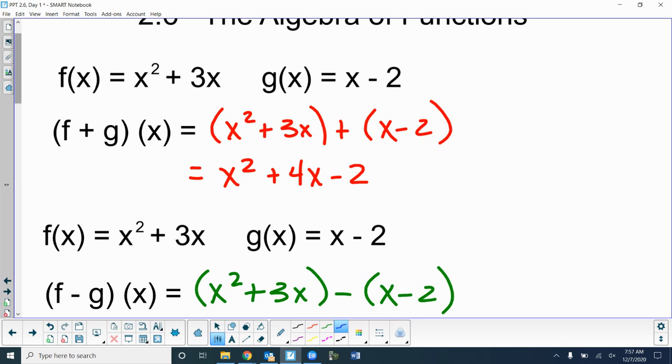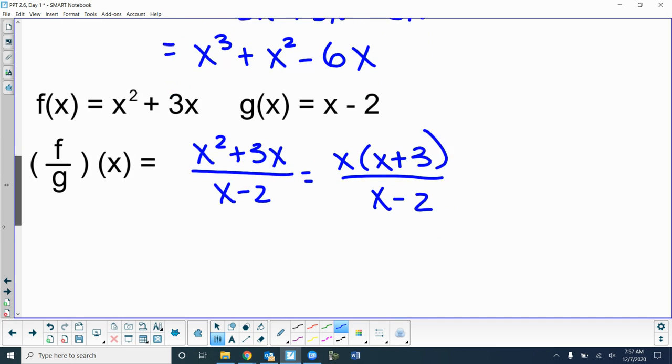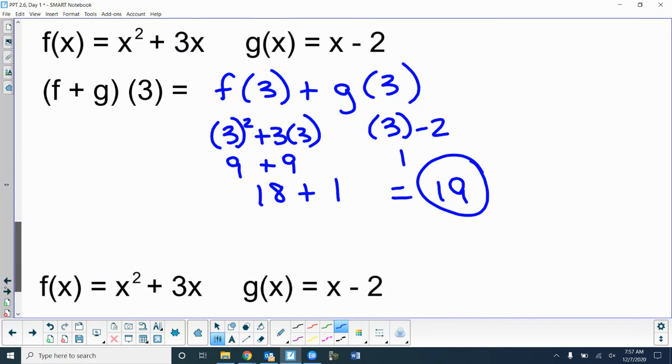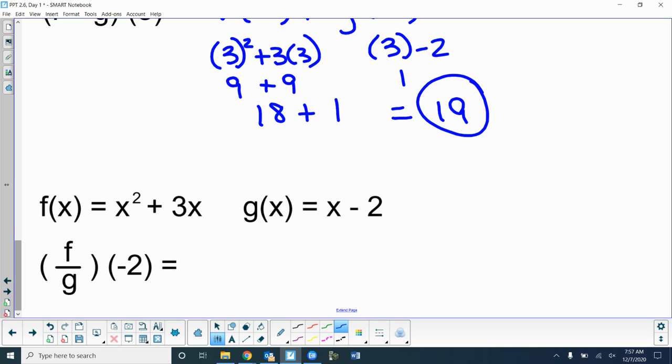So your choice there, okay? If you want to go ahead and add them or whatever it says to do first, get that answer, and then plug the number in, you can, or you can do it like I did. Plug the number in first and then do the addition. Either way is fine. So go ahead and try this one, please.